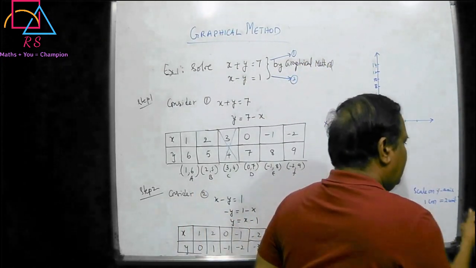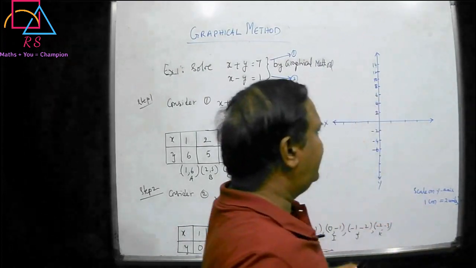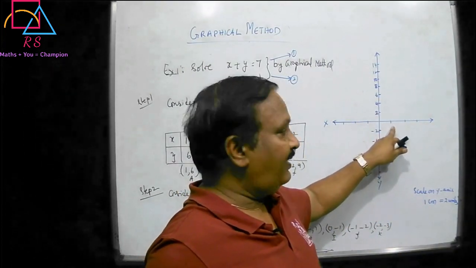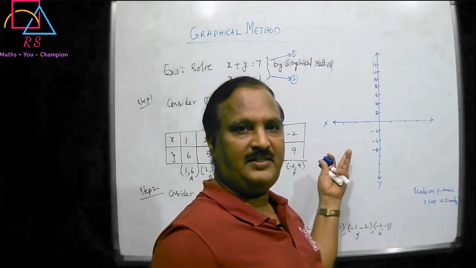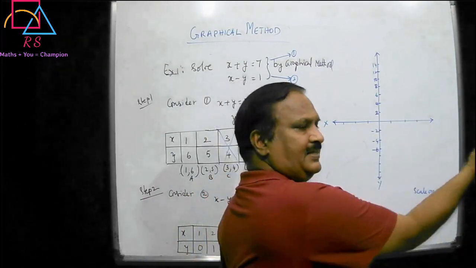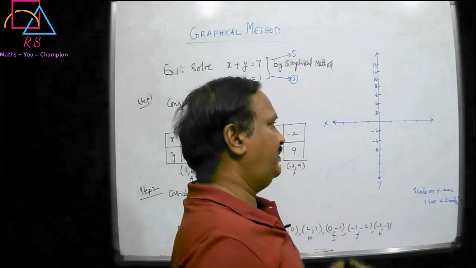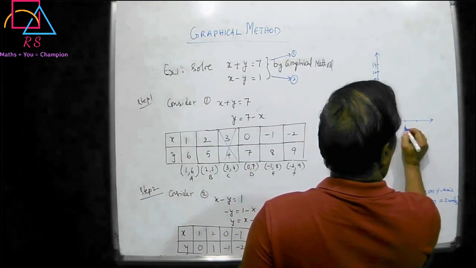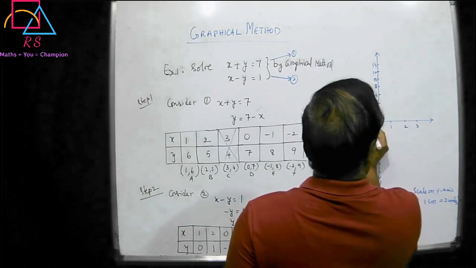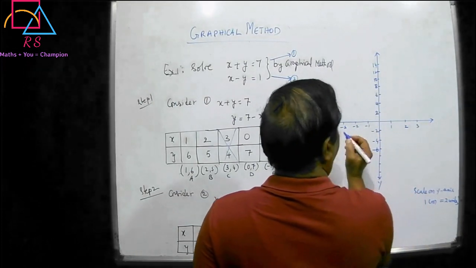Okay. On the x axis, because plus 2 is the highest and minus 2 is the highest in your graph sheet, there 6 will be there, this 6 also will be there. So even then I will take 1, 2, 3, minus 1, minus 2, minus 3.